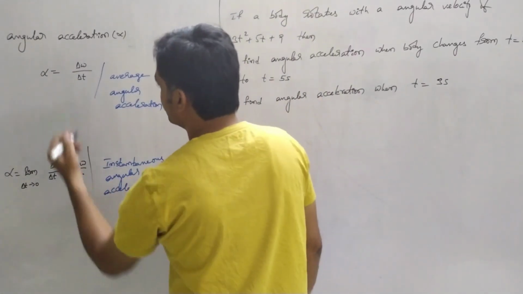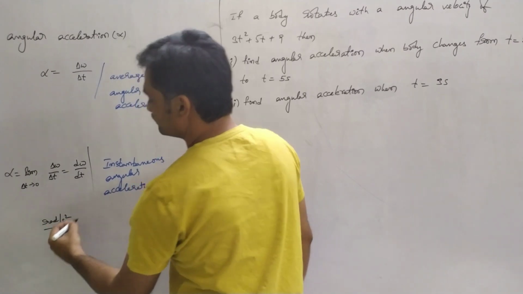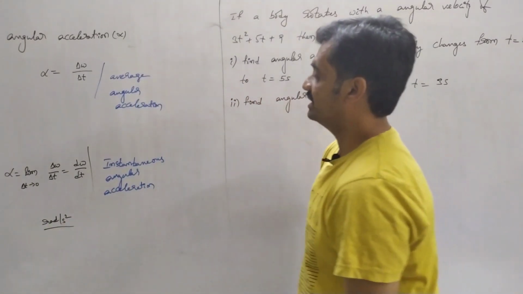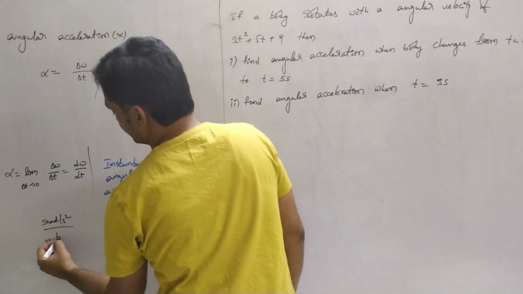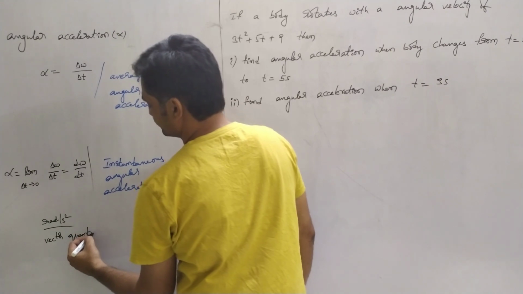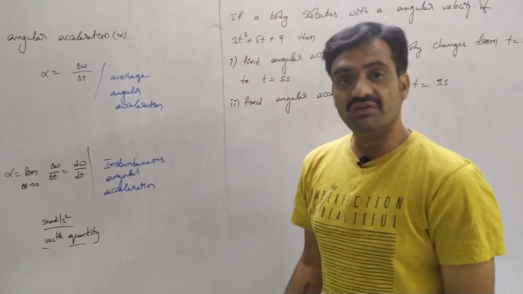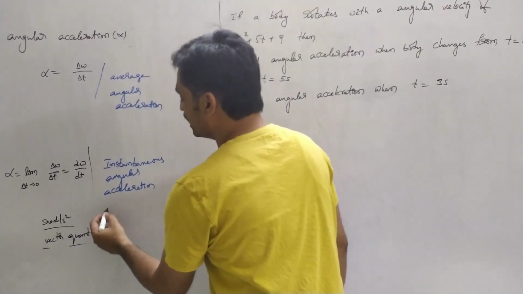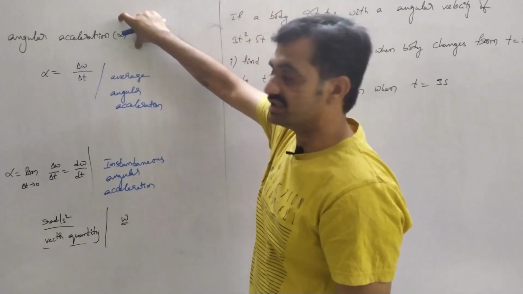The unit for angular acceleration is radian per second square, and it's a vector quantity. The direction of angular acceleration will be along the direction of angular velocity. So this is about angular acceleration.